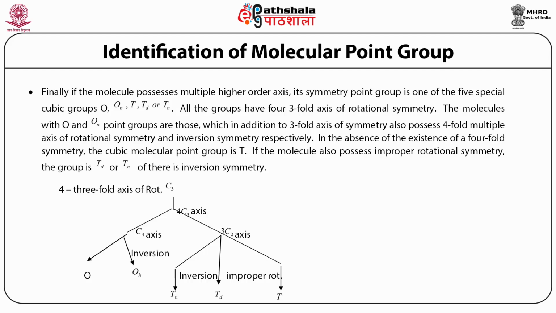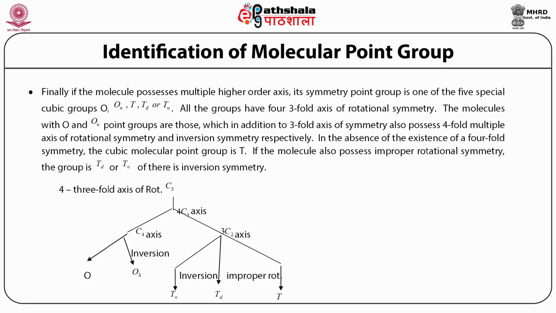In case there is no C4 symmetry, no fourfold axis of symmetry, but only twofold axes of symmetry, we see how many axes of symmetry it has. If it has three twofold axes of symmetry, then this molecule belongs to the tetrahedral point groups. It could be T group or Td or Th.